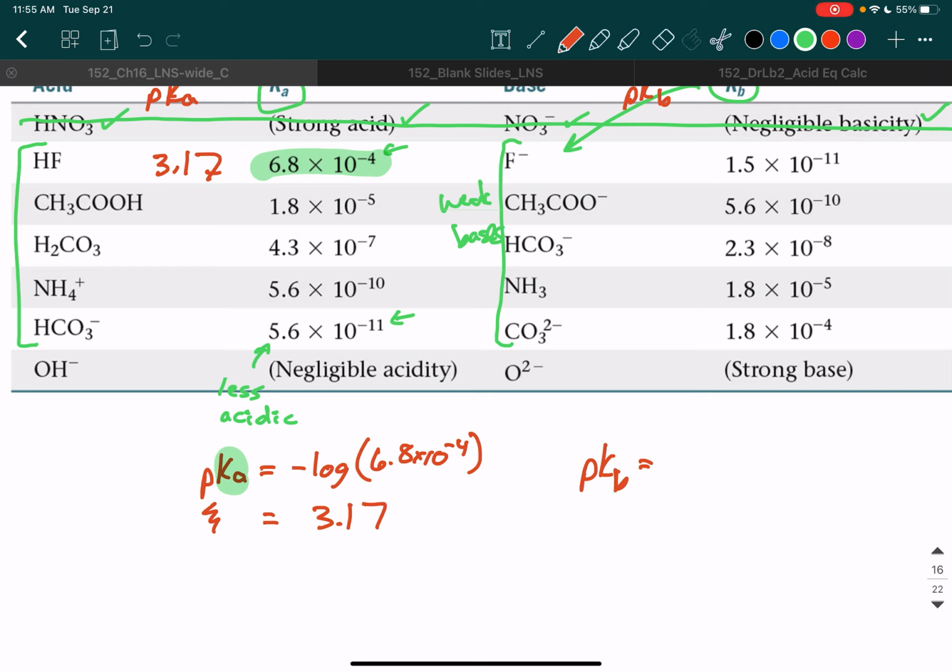Let's do the same thing for the pKb. In some ways, we're just playing games with math right now. But I want to show you that there is a pattern that develops for this kind of thing. So the pKb for fluoride is 10.82.